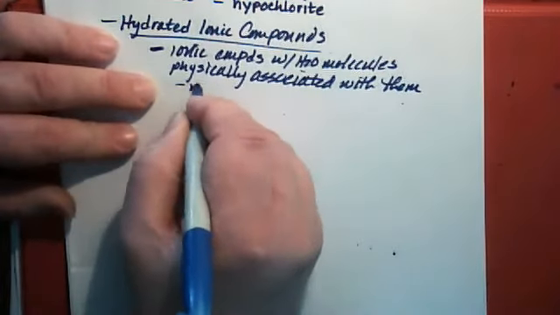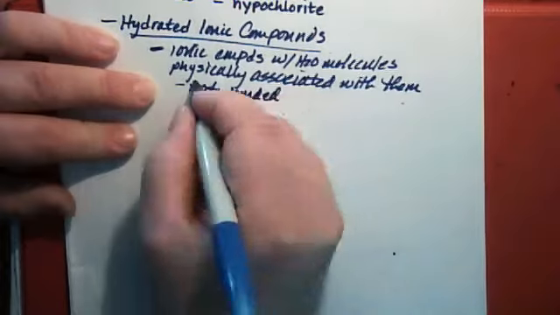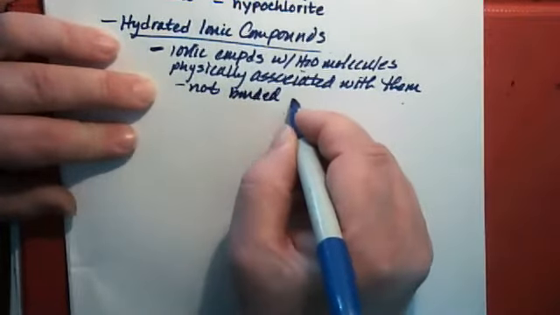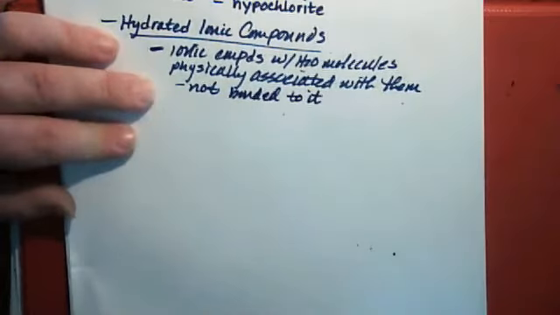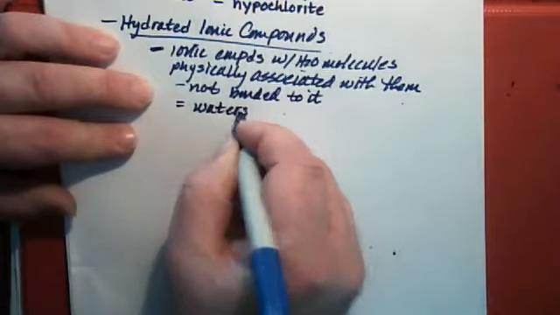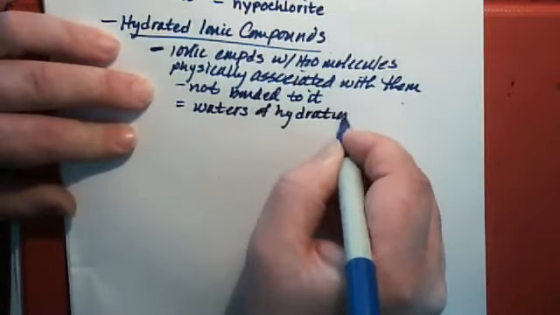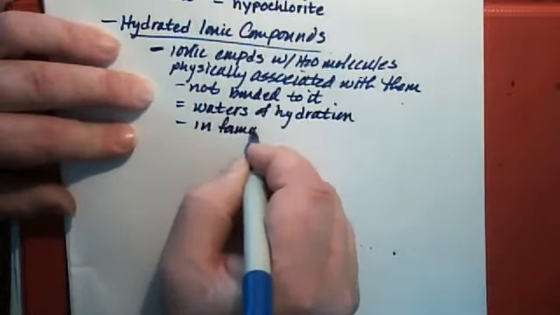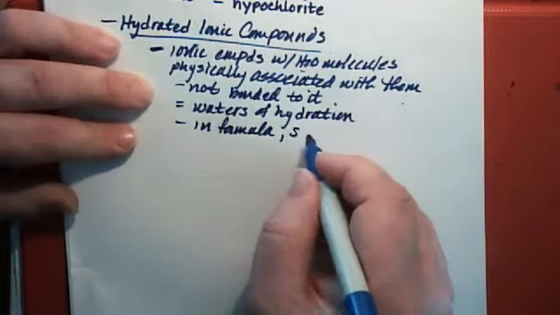Okay, so the waters are physically associated with the ionic compound, but not bonded to the ions. And these are known as waters of hydration. And in the formula, they are separated from the rest of the formula by a dot at the end.